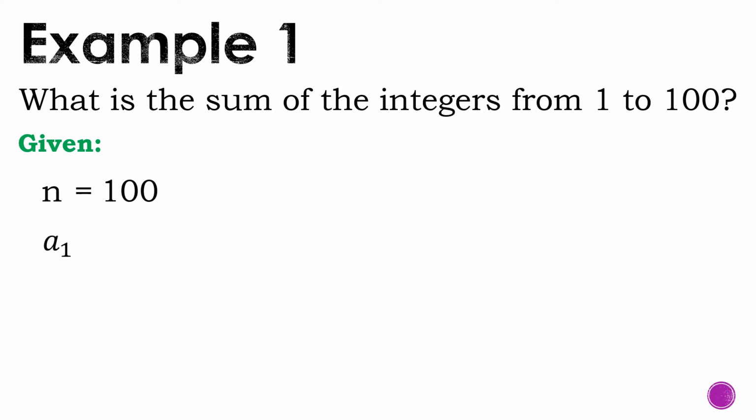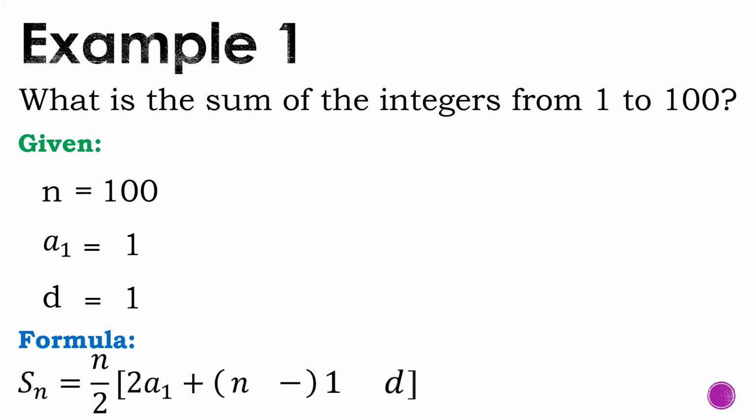A sub 1 is equal to, of course, 1. And then, what is the common difference? Madali lang. We all just have to add 1 to get the next number, tama? Because 1, 2, 3, 4, 5, and so on. That is how we count the integers. So therefore, the common difference is 1.